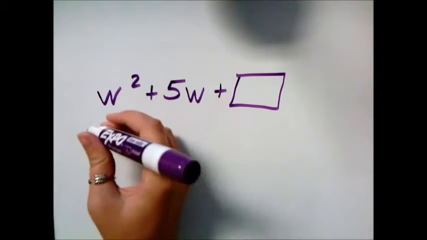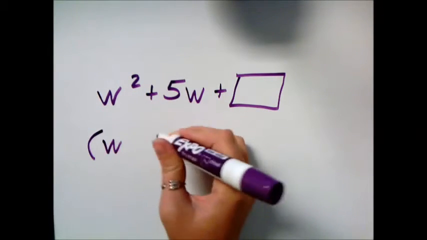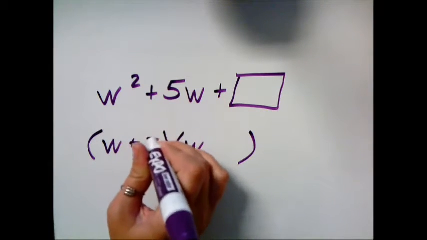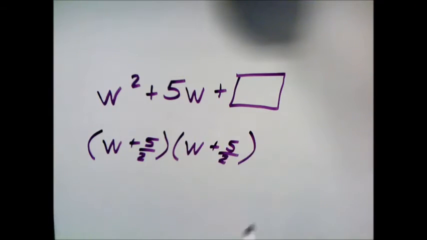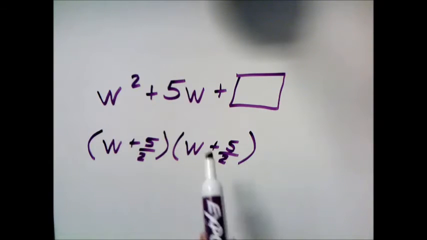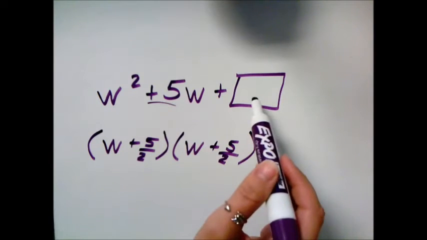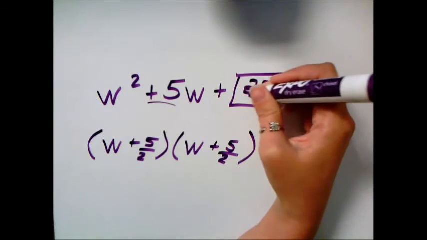What could I add to itself to give me 5? Well, 5 is 2.5 plus 2.5, right? But we probably like fractions more than decimals, so think of this as half of 5 and half of 5. Half of 5 is literally just 5 divided by 2, so still 2.5, 2.5. So 2.5 plus 2.5 gives me 5. What number would have to go here? 2.5 times 2.5, so 25 over 4.